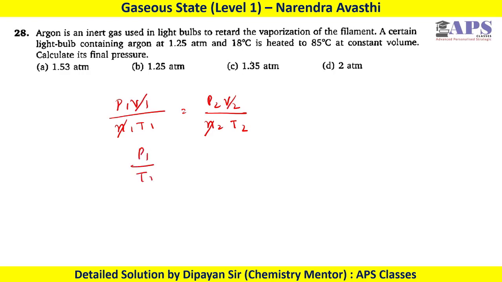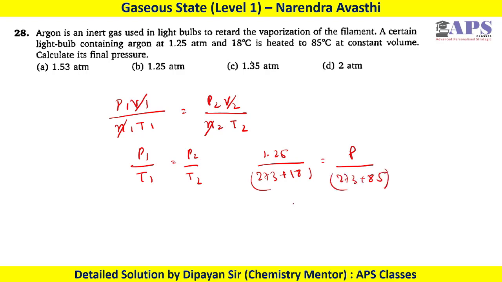So P1 by T1 equal to P2 by T2 will be our working formula. Now if we put in the given values, 1.25 atm, 273 plus 18 as temperature, pressure P divided by 273 plus 85, we can calculate pressure as 1.53878 atm. So it is almost 1.5 atm, so option A will be the correct option.